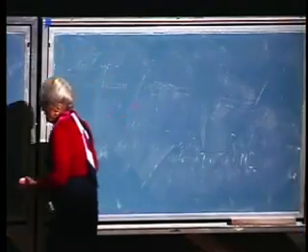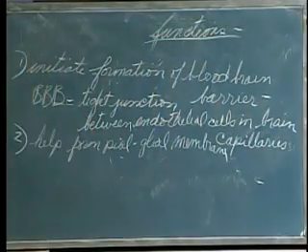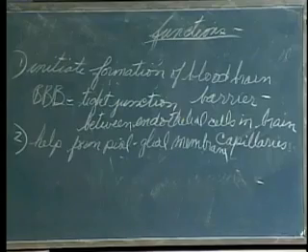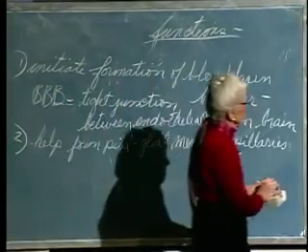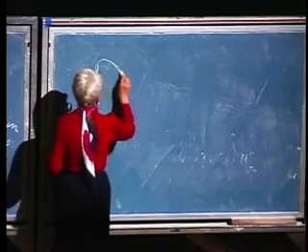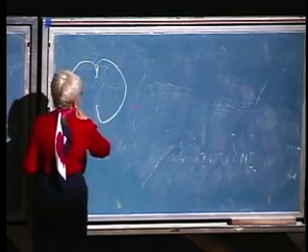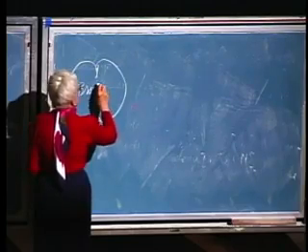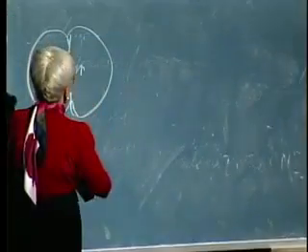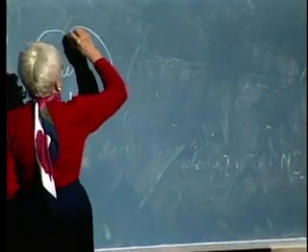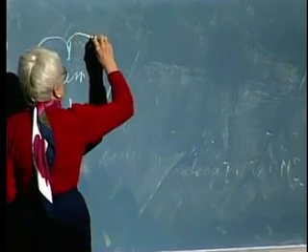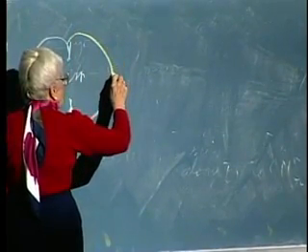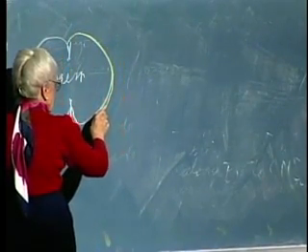So briefly, if we do this and just call this brain, we'll have a pial membrane just adherent to the brain tissue.